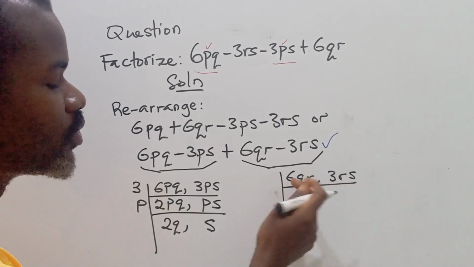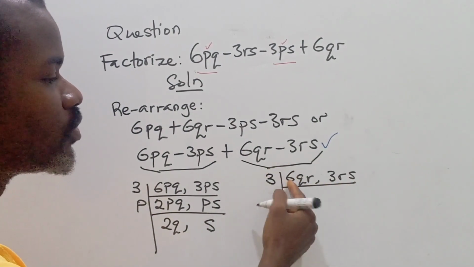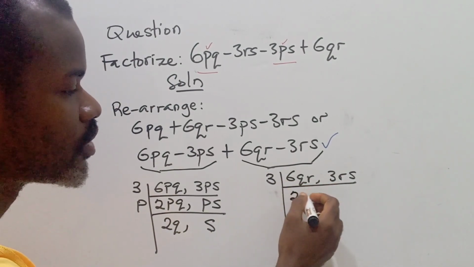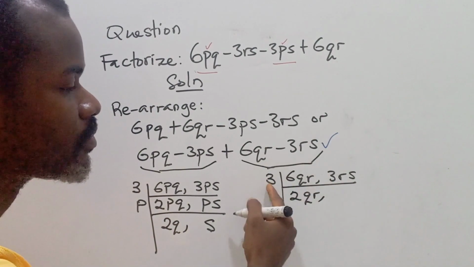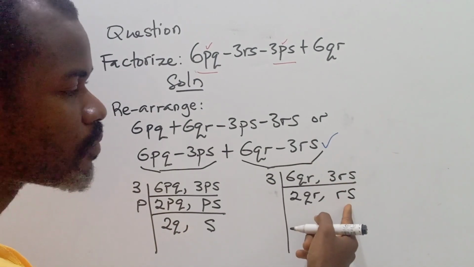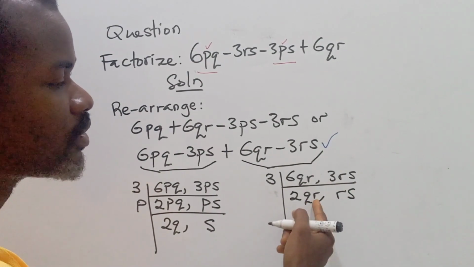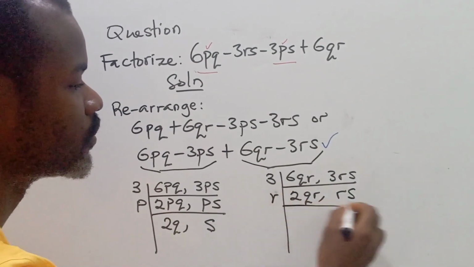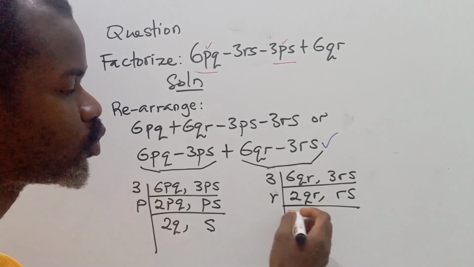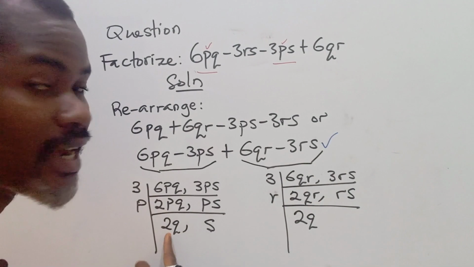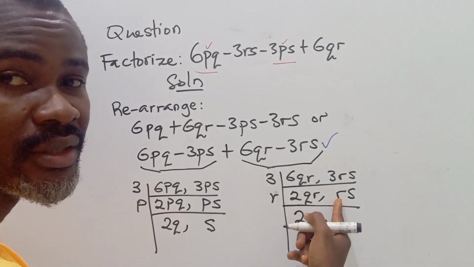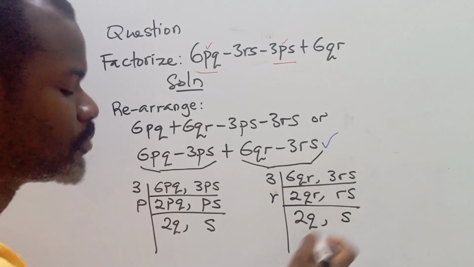Now for this part also, 3 is common between the numbers. So 3 divided into 6 is 2, we can put the alphabets QR. 3 divided by 3 is 1, so we have just RS. Now for the alphabets, what is common? R is common, so R cancels out R. We have just 2Q, like we have here, and if we divide R out of this, we have just S left.